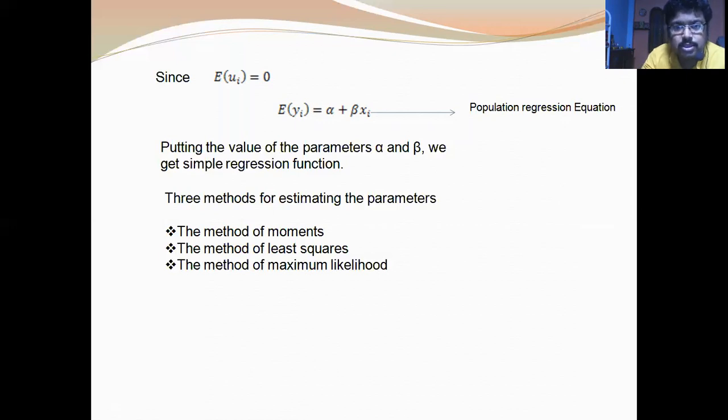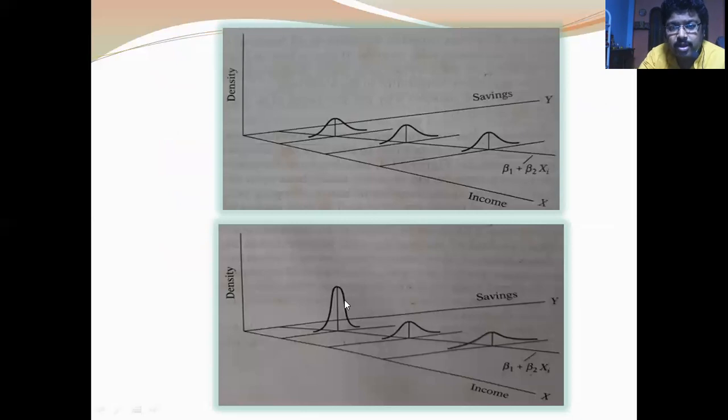And here one thing I should mention is that as income increases, the variances in savings are not clustered in a particular place.